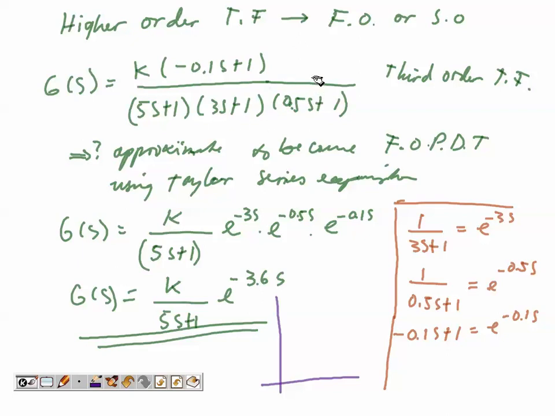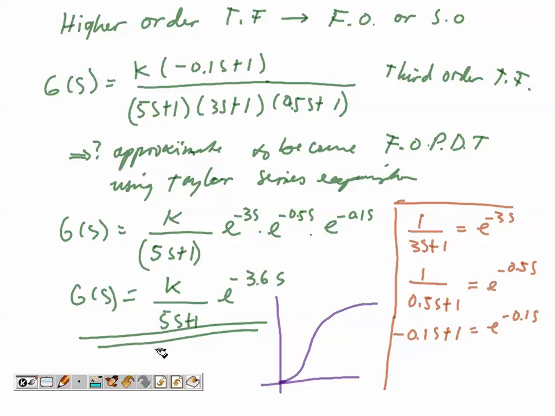If we introduce a step input, then the response will be maybe like this. At the initial time it is very slow, and then rapid. So this is the original response.